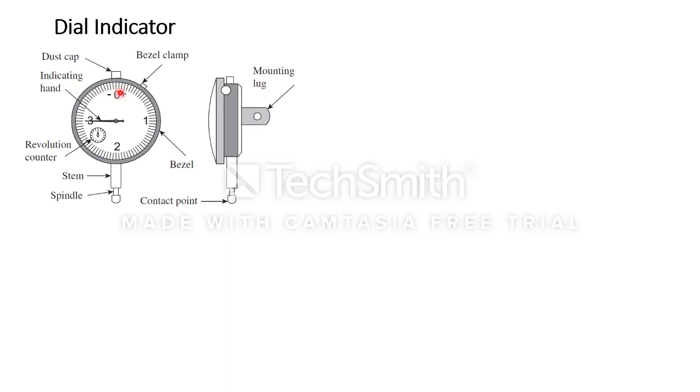These are the dial graduations it has, and this indicating handle works on a rack and pinion mechanism. This is called the stem, and the part between the contact point and the stem is the spindle. This mounting lug is used to attach it to other instruments.